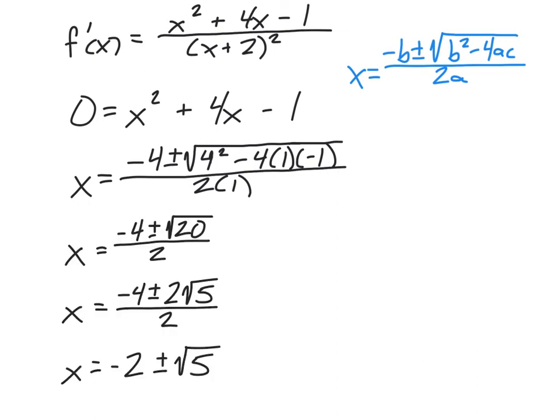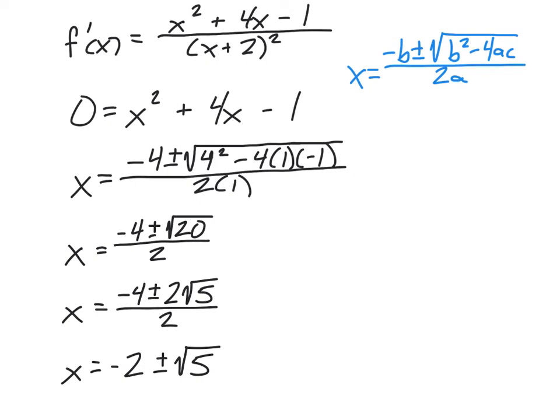And so here's our work for simplifying and getting our answer there. Our exact form for our solution here is going to be x equals negative 2 plus or minus the square root of 5. Now remember, we're looking in this problem to see where a 0 exists for our derivative, which is what these two represent, on a particular interval.